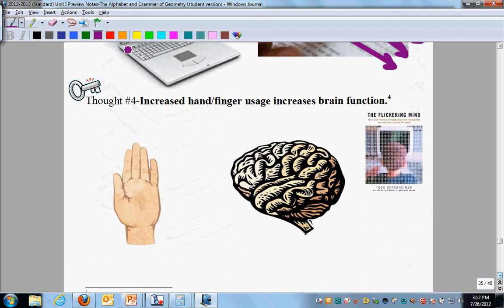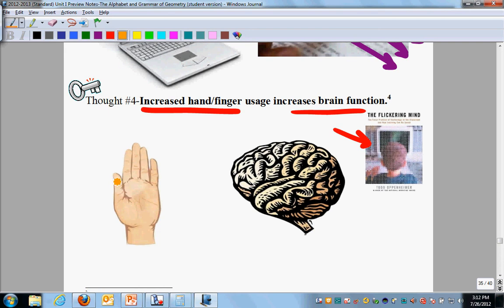Now the good news is, if we do things to increase hand and finger usage, it actually increases brain function. That is documented in the researched book by Todd Oppenheimer.